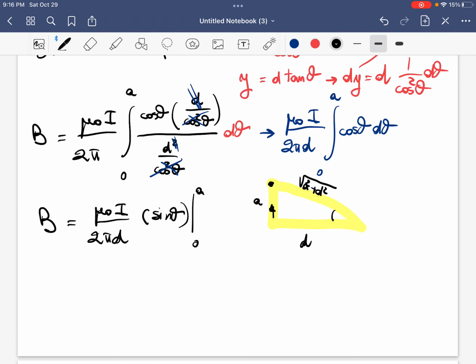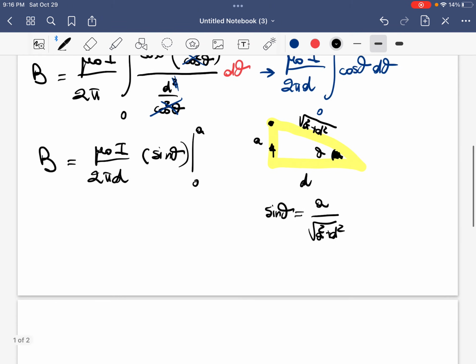Now the maximum theta is with the sine of theta equal to A divided by the square root of A squared plus d squared. Let me substitute here.